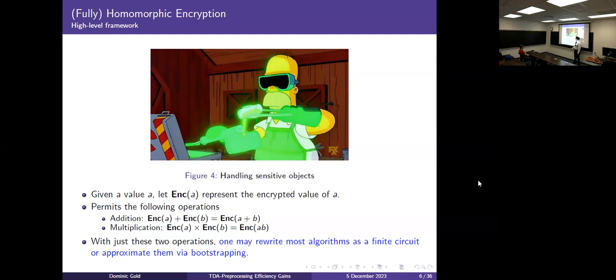Encrypted A times encrypted B is equal to the encryption of A times B. There are little caveats here regarding overwhelming probability. Really, this means it decrypts to the same answer with overwhelming probability, but let's keep it short. And the reality is that's very powerful, because if you think about it, these two effectively become the XOR and the AND operation, or addition and multiplication bitwise.